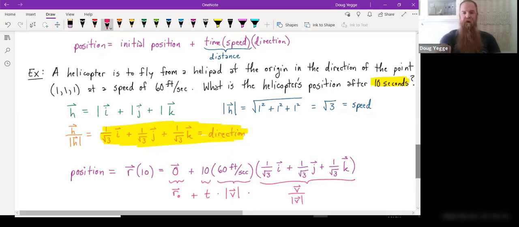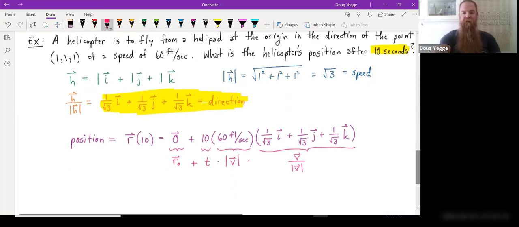So at the end of the day, all we're doing is multiplying 10 times 600, right? Which ends up giving me the quantity that I need for my vector. Which means that my position after 10 seconds is just going to be 600 times each of those quantities.